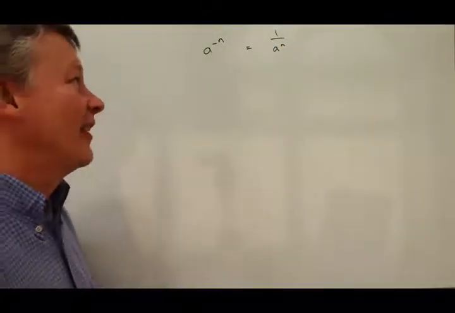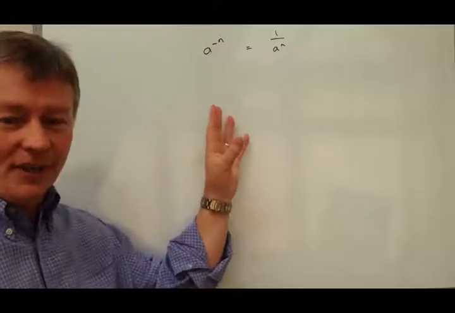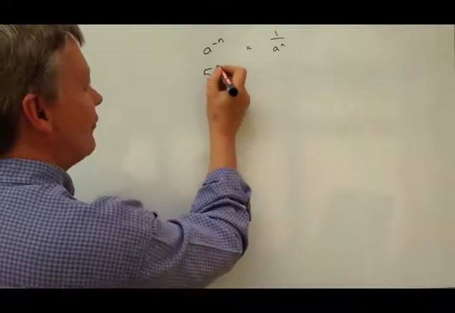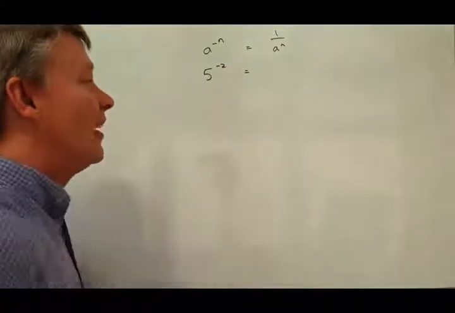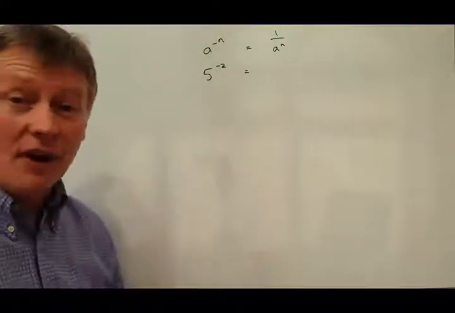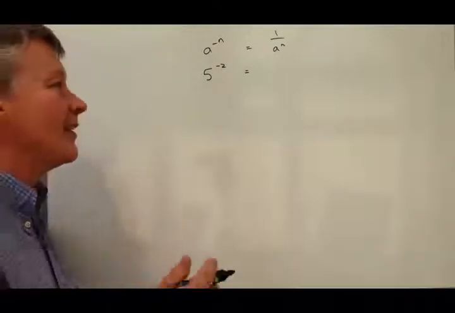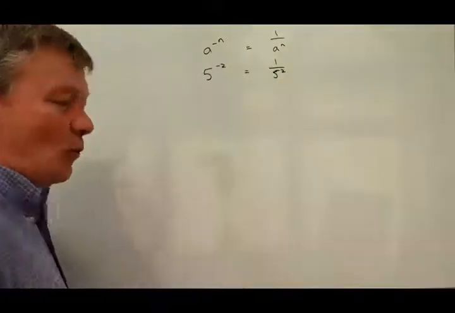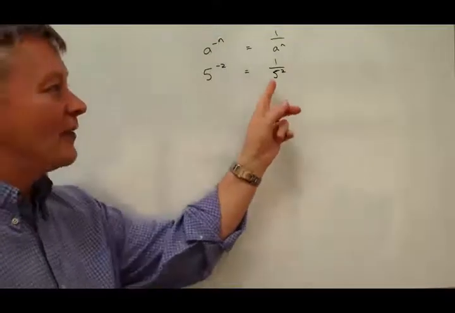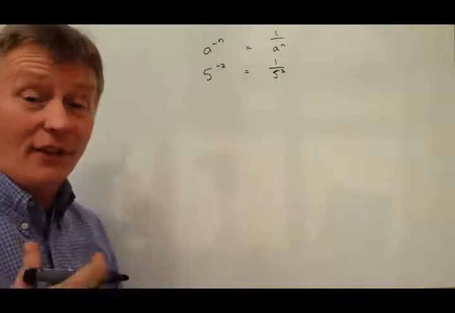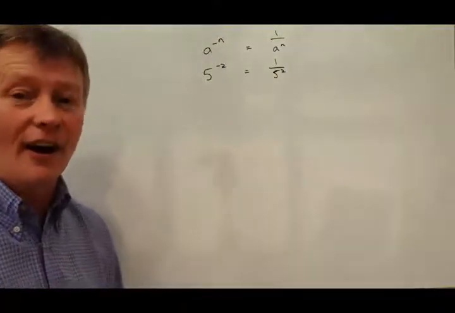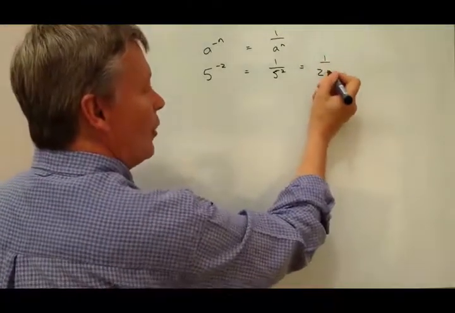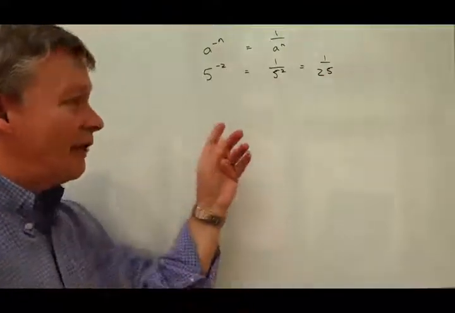Now this will come up from time to time, and it usually comes up in the format of something like 5 to the power of minus 2. Well, 5 to the power of minus 2 is exactly the same as saying 1 over 5 squared. And 5 squared is the same as saying 5 times 5. So therefore, that's exactly the same as 1 over 25.